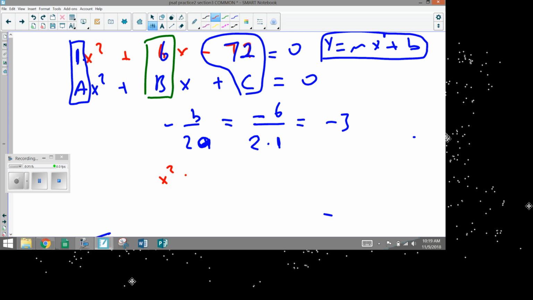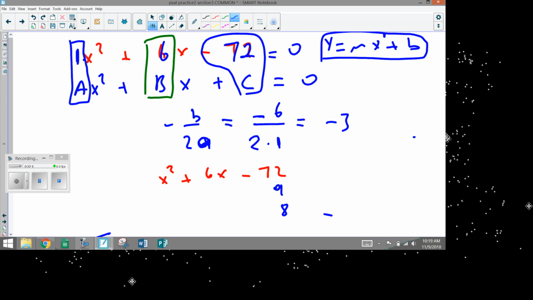X squared plus 6x minus 72. Okay, guys, we're going to factor this one. Just say you may be familiar. I'm going to do one example before I get back to the original question. So what are the factors of 72? Let's check 9 and 8.